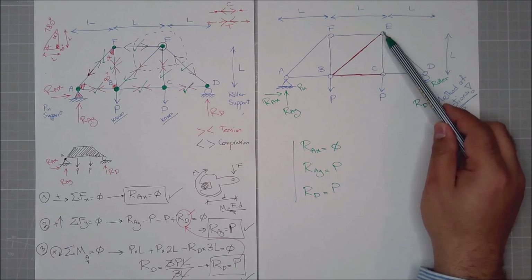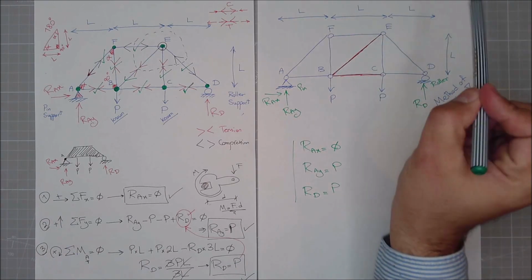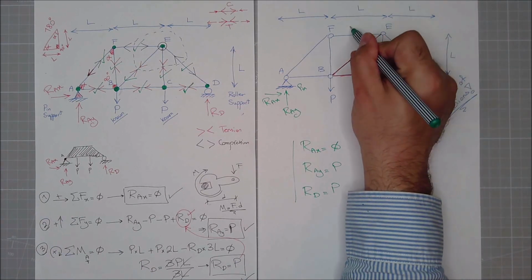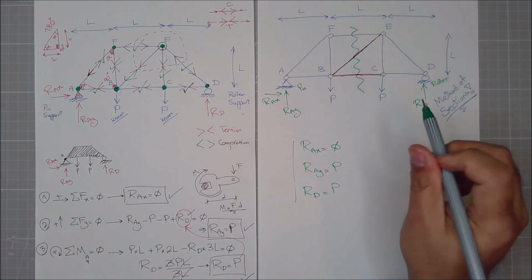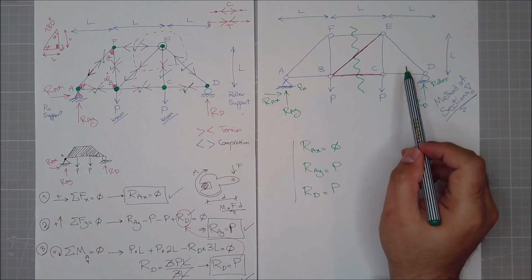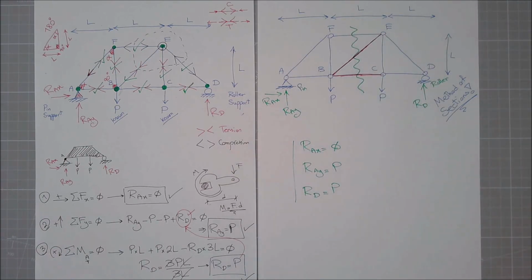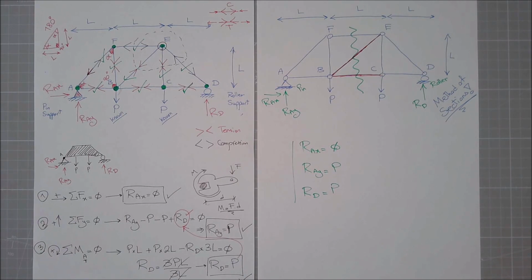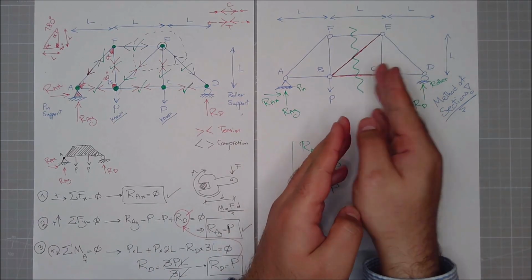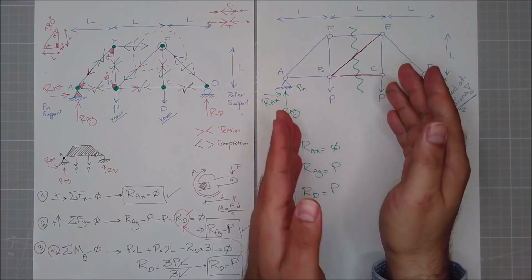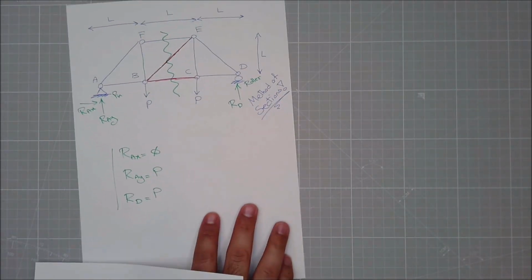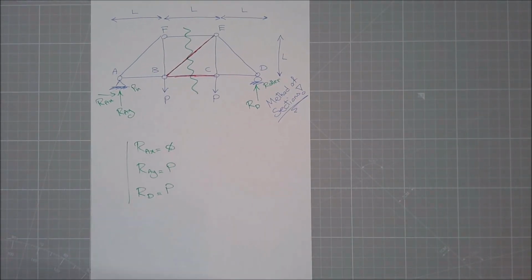If I want this member and this member, do you accept that if I cut like this, I cut my entire truss into two halves, left and right. If I separate this bit, so the right goes to the right, the left goes to the left, I will end up with something similar to this.